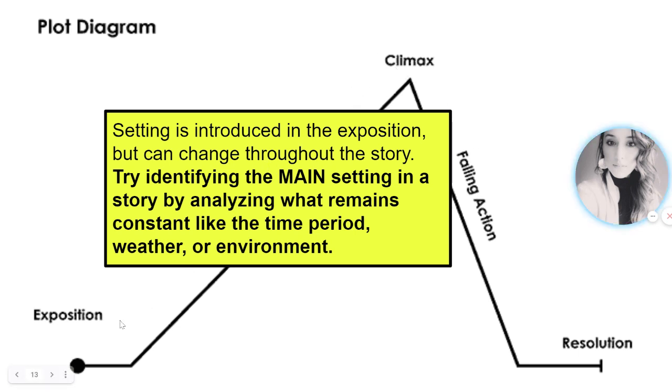For example, the story could begin at school, but then end at home. But where we find the story taking place the most is going to be called the main setting and considered the setting of the story.